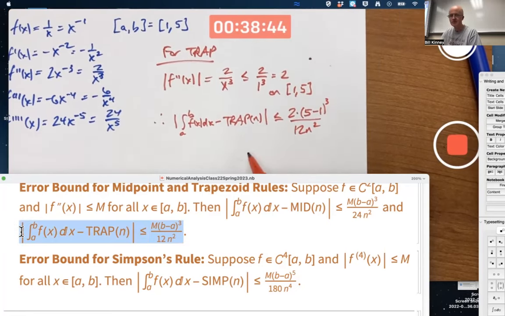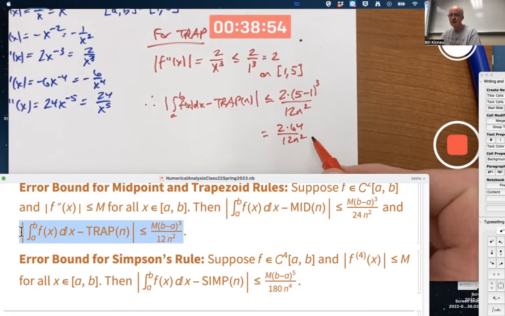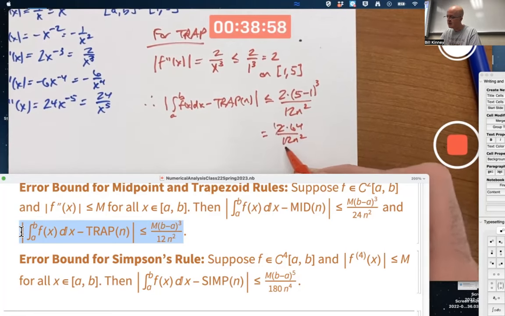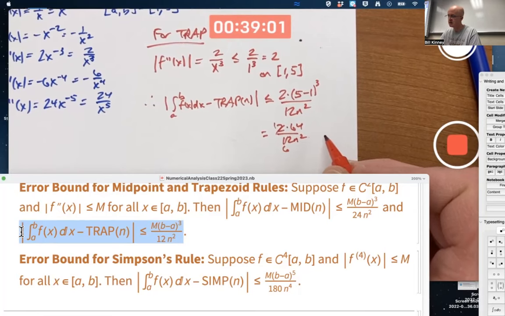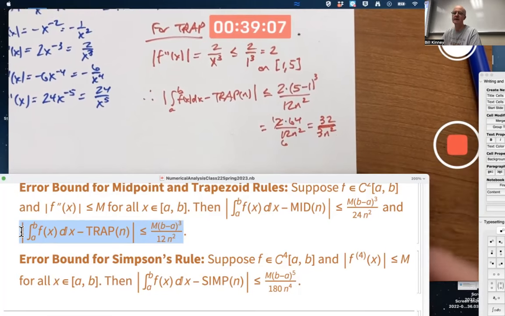Simplify. That's 2 times 4 cubed is what? 64? 64 over 12n squared. 2 cancels with the 12. 64 over 6 reduces to 32 over 3. 32 over 3n squared is a guaranteed upper bound on the error for any given value of n.